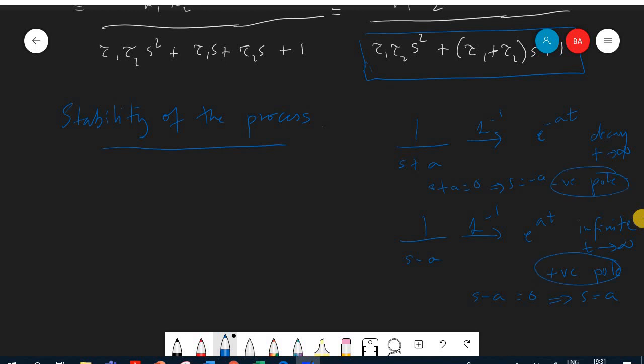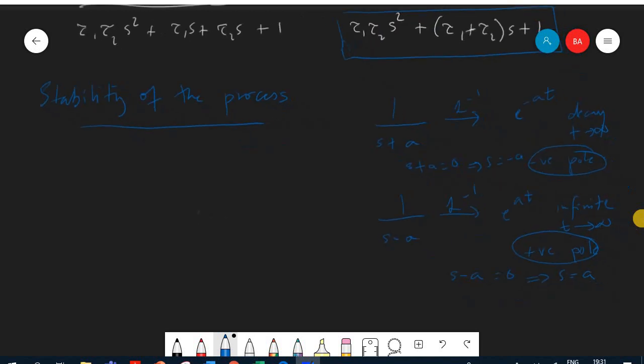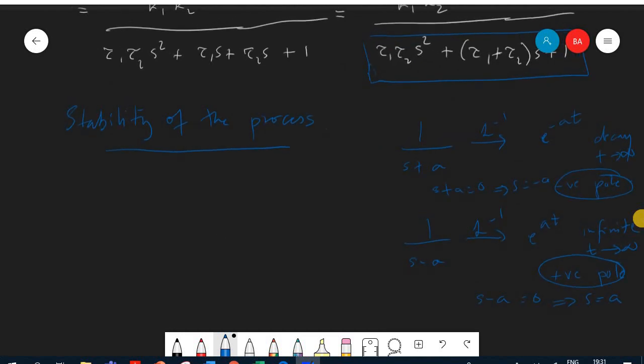Okay? So based on that concept, we are going to get to many ideas. We are talking about stability of the process. Number 2, we also can talk about the oscillatory nature of the process. So is the process oscillatory or not?